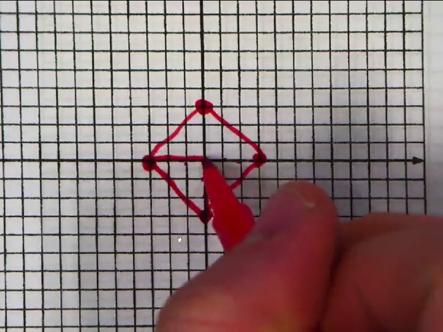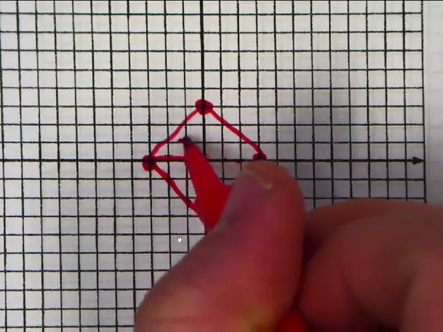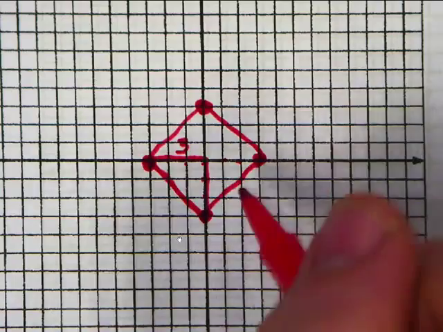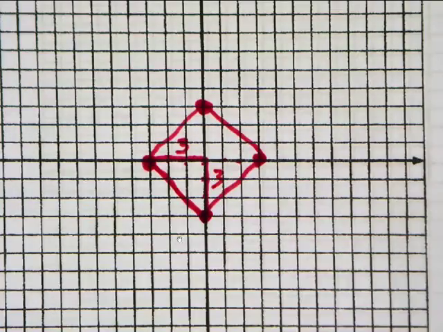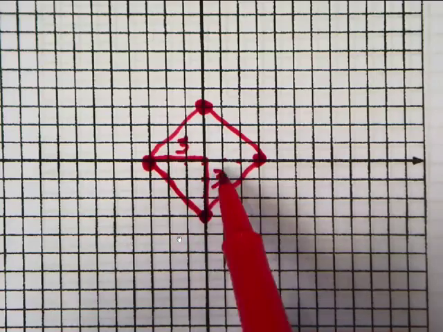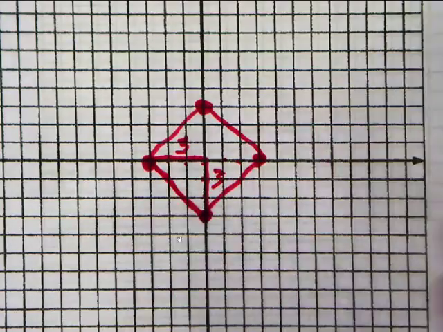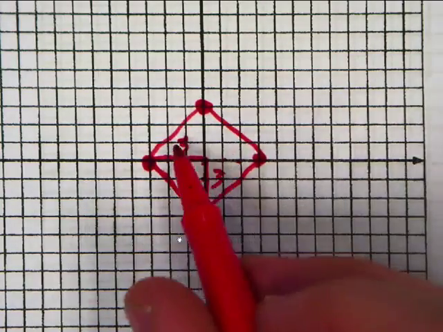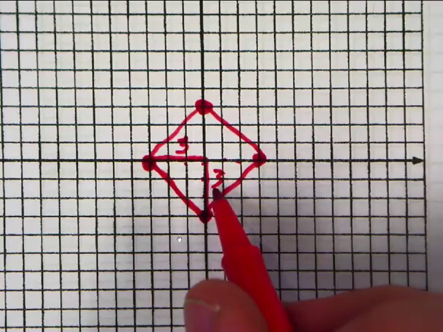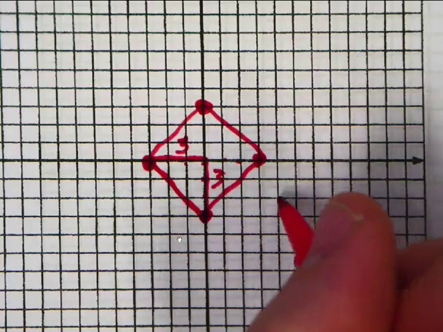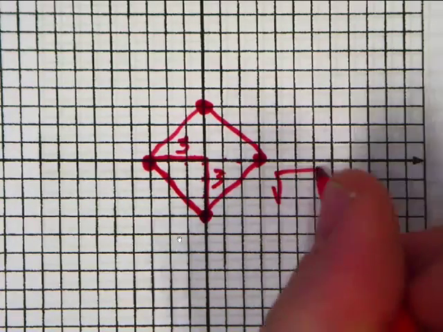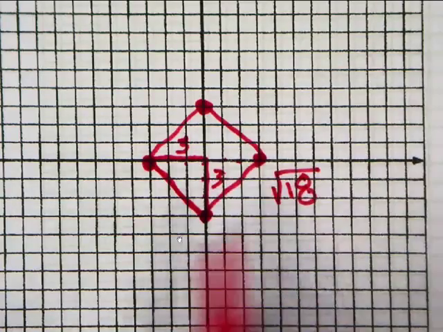The length across is 3, and the length down is 3. So a squared plus b squared equals c squared: 3 squared is 9, plus 3 squared, which is 9, is 18. So now we have the square root of 18.